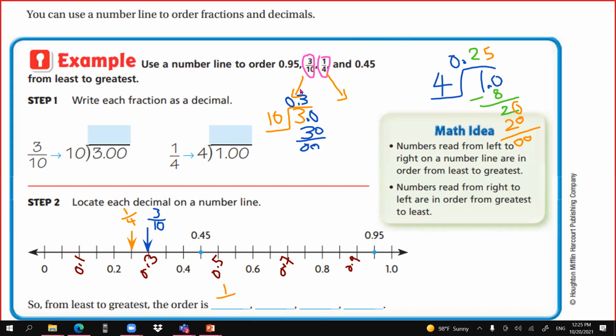Bravo, which is 1 over 4. Then what is next? 3 over 10. Then what do we have next? 0.45. Then 0.95.